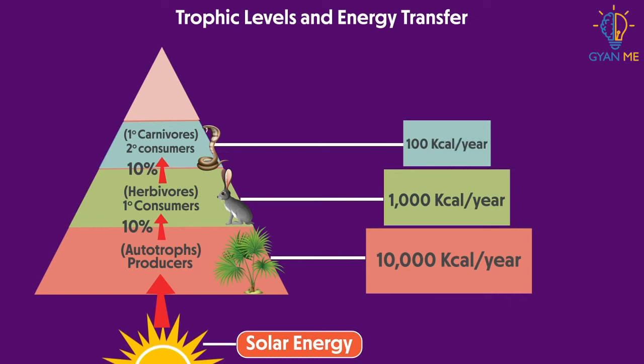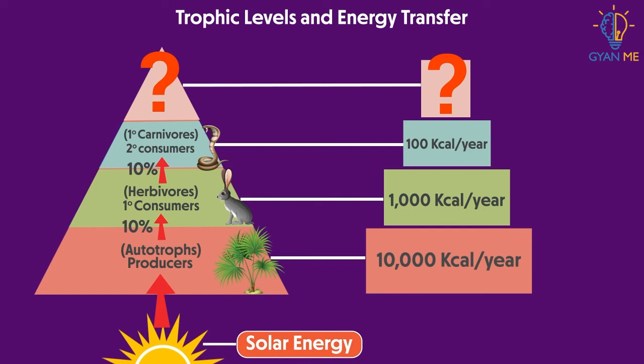Now, can you guess at the next trophic level what would be the available amount of energy? Yes, you are right. At the next trophic level, when the tertiary consumers eat up secondary consumers, they will get still lesser energy, say 10% of 100 kilocalories, that is 10 kilocalories of energy per year, that is in a whole year.